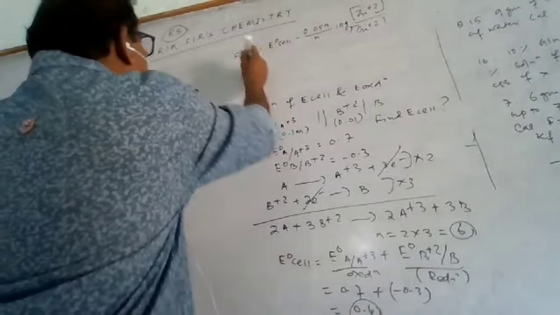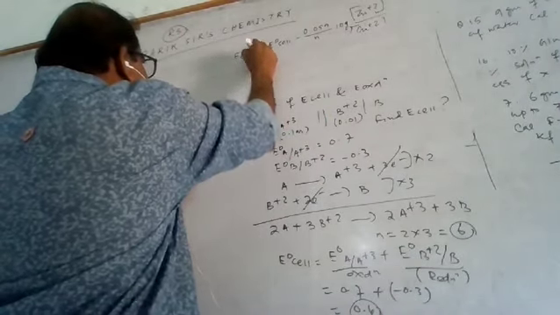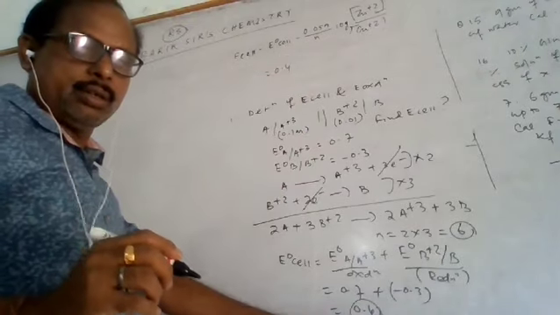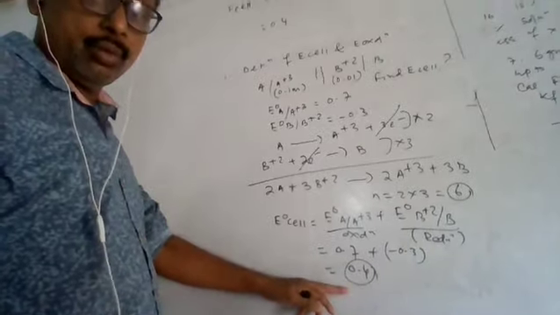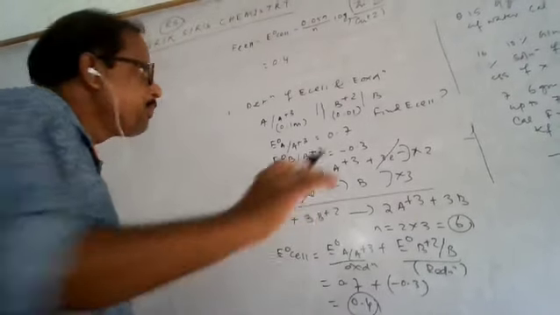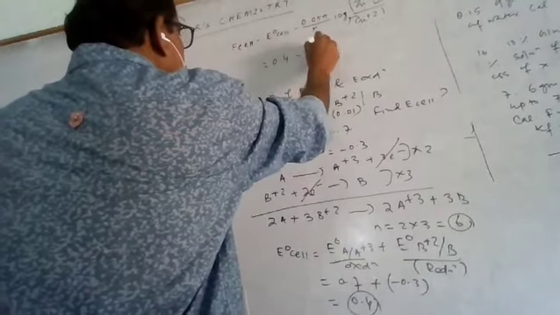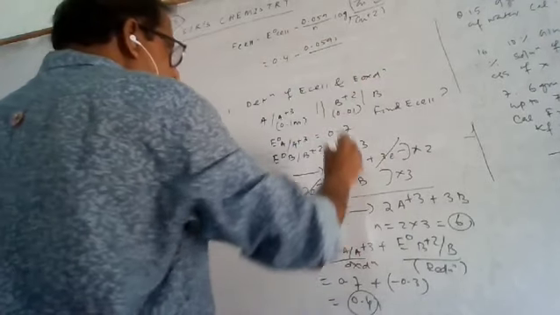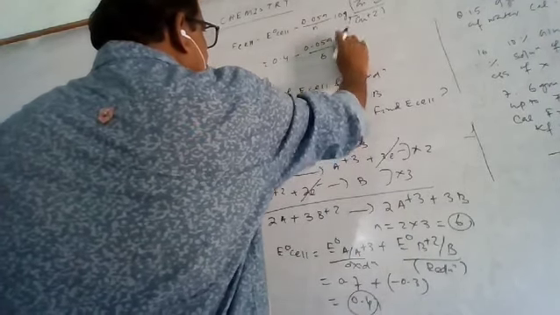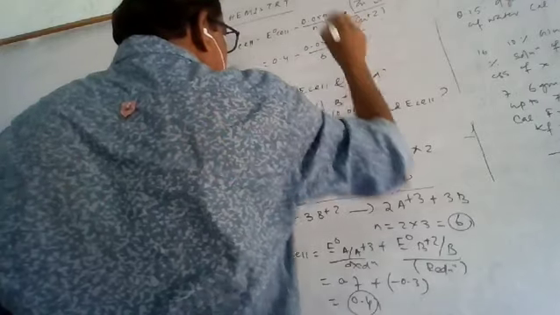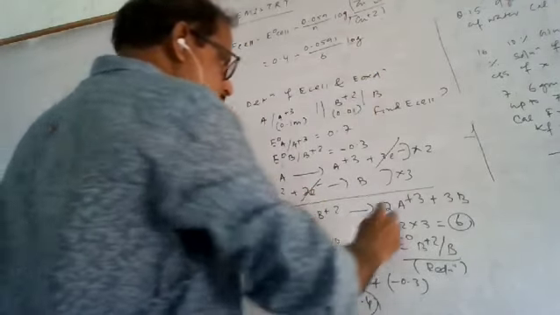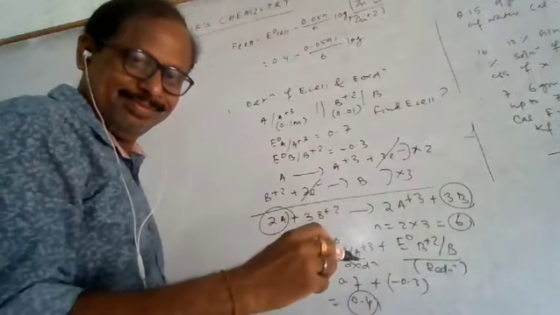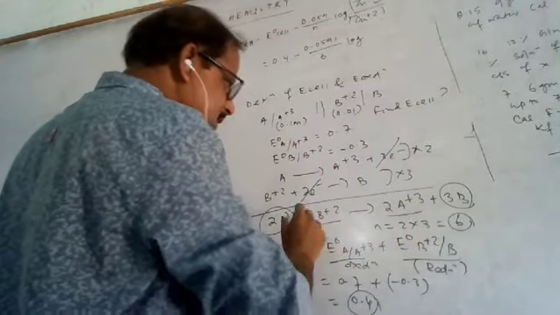So in this equation, to calculate E cell, E naught cell is equal to 0.4 that we have calculated here. So minus 0.0591 by n, which is equal to 6 here, times log of the product ion concentration, because this is solid and this is solid, so only this and this are to be taken.